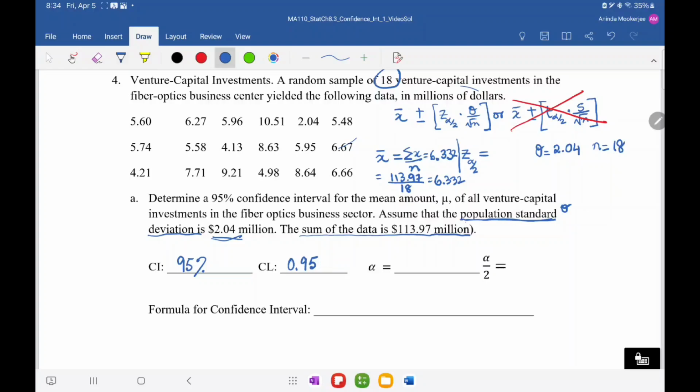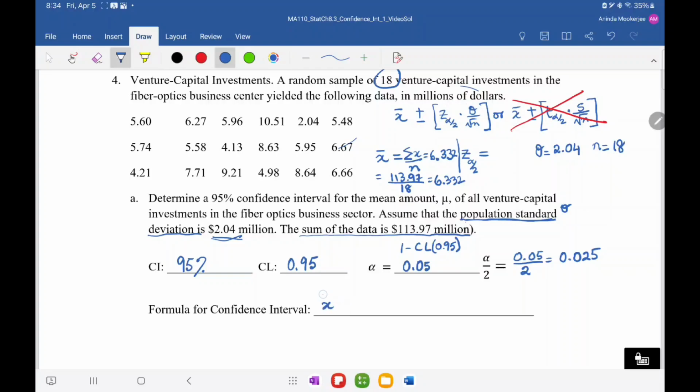And then alpha would be 1 minus CL, 1 minus 0.95, so that would be 0.05. And alpha by 2 is 0.05 divided by 2, which would be 0.025.